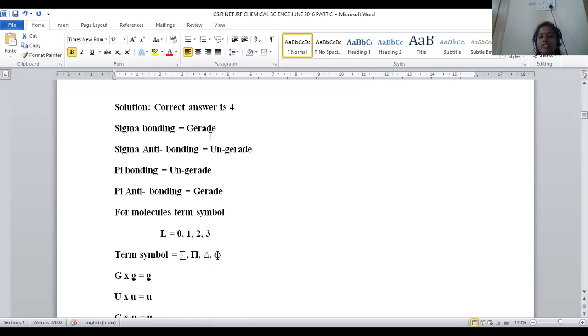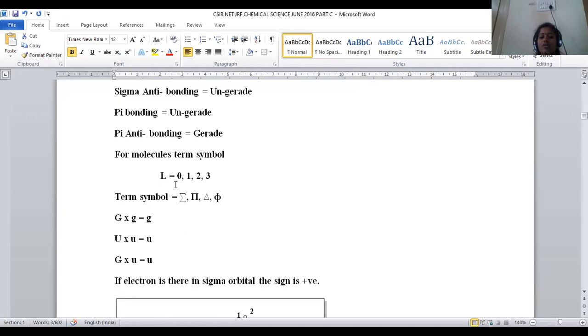If an electron is residing in a sigma bonding orbital, that is called an ungerade orbital. A pi bonding electron is called an ungerade orbital. A pi antibonding orbital is called a gerade orbital. Now, the term symbol for a molecule depends on the angular momentum value L, which can be 0, 1, 2, 3.